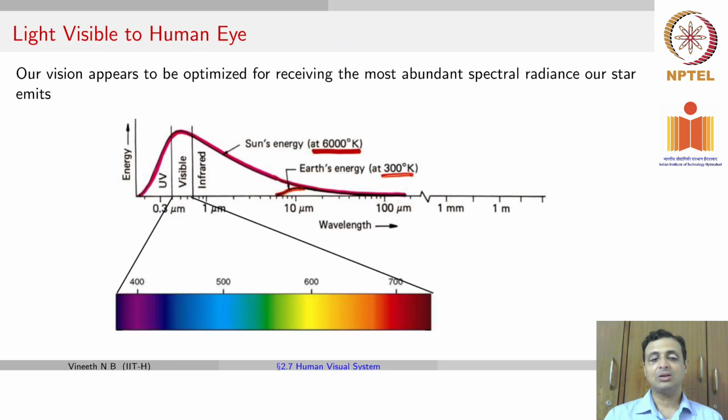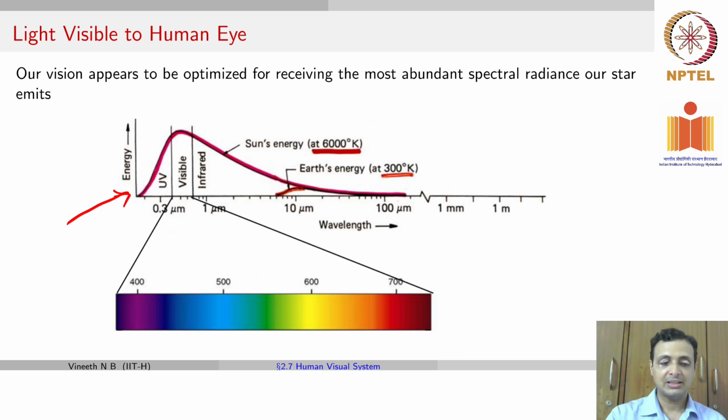So if you ask us, why is it that our eye receives only this light spectrum the most? It seems to be that as we have evolved, our vision appears to be optimized for receiving the most abundant spectral radiance of our star, the sun. So in this particular case, in this graph on top, you see the energy of the various components in the electromagnetic spectrum.